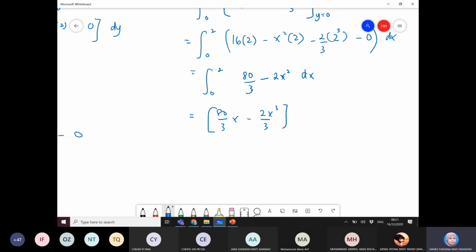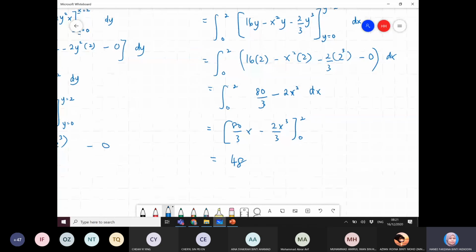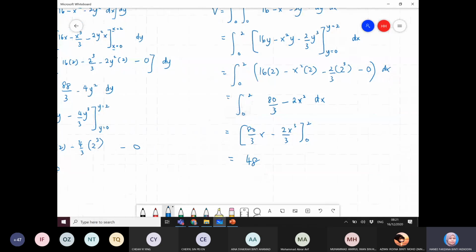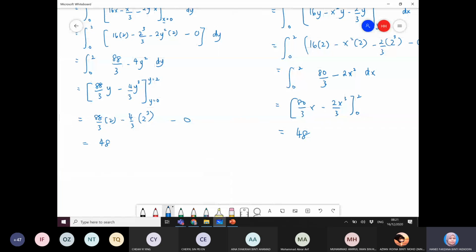Put in the values from x equals 0 to x equals 2. Then you will get 48 also. So you can see that regardless if you integrate dx first then dy or dy first and then dx, you will get the same final answer, which is 48.